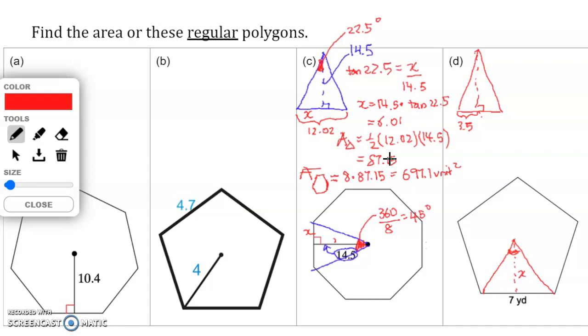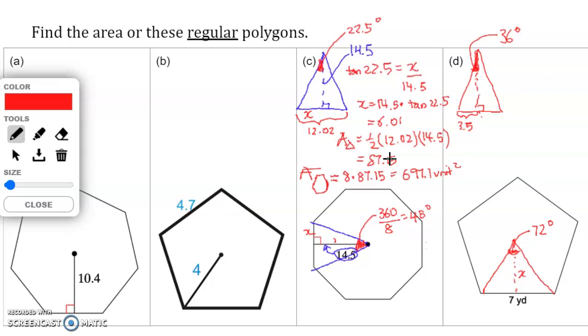So if I divide 360 by 5, I get 72. So I know that this central angle is 72 degrees. That means half of that is going to be 36 degrees. So I know that this angle right here is going to be 36 degrees. Half of 72 is 36.